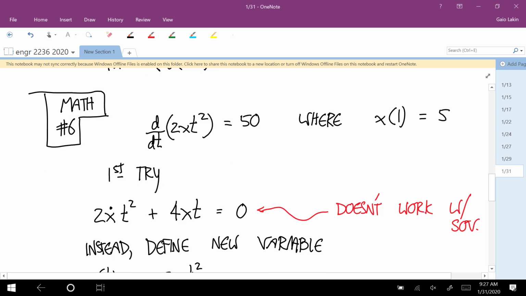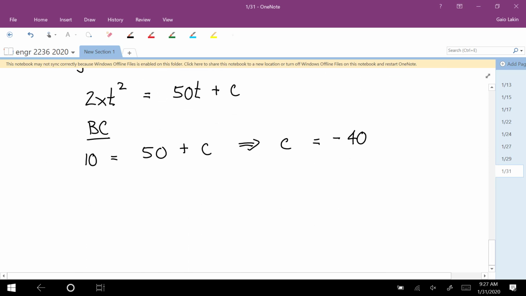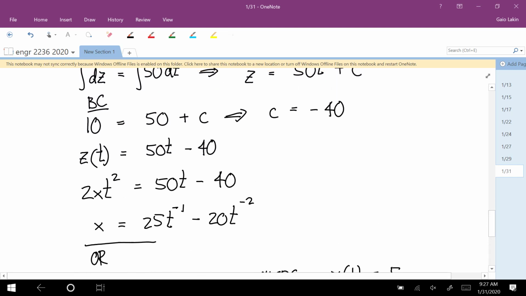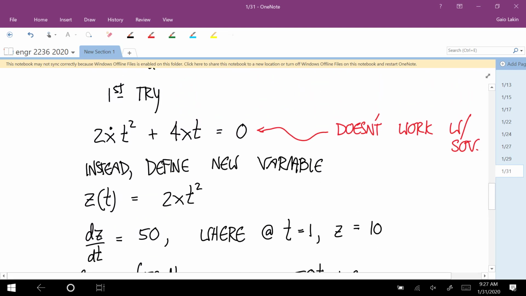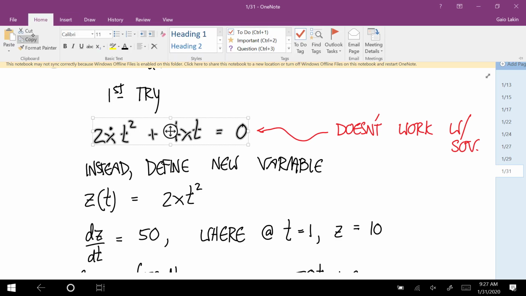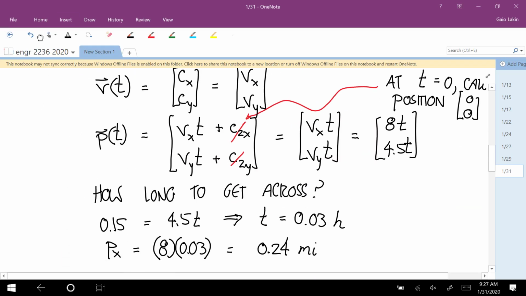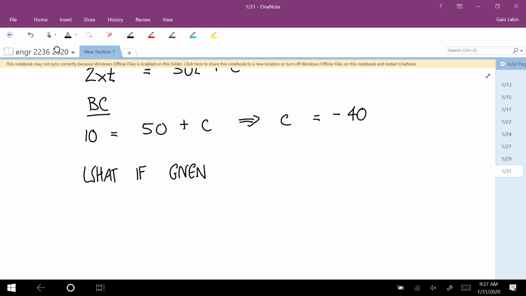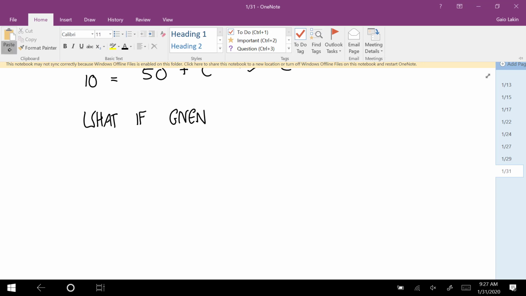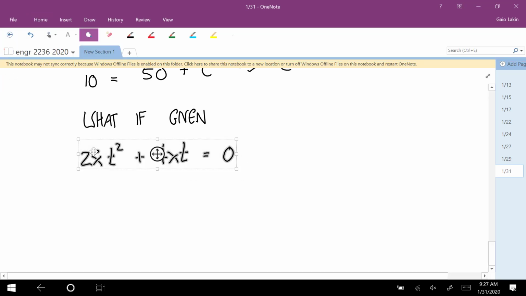For example, what if I'd given this problem as this, where x of 1 is equal to 5? Okay, that's a crazy looking differential equation.